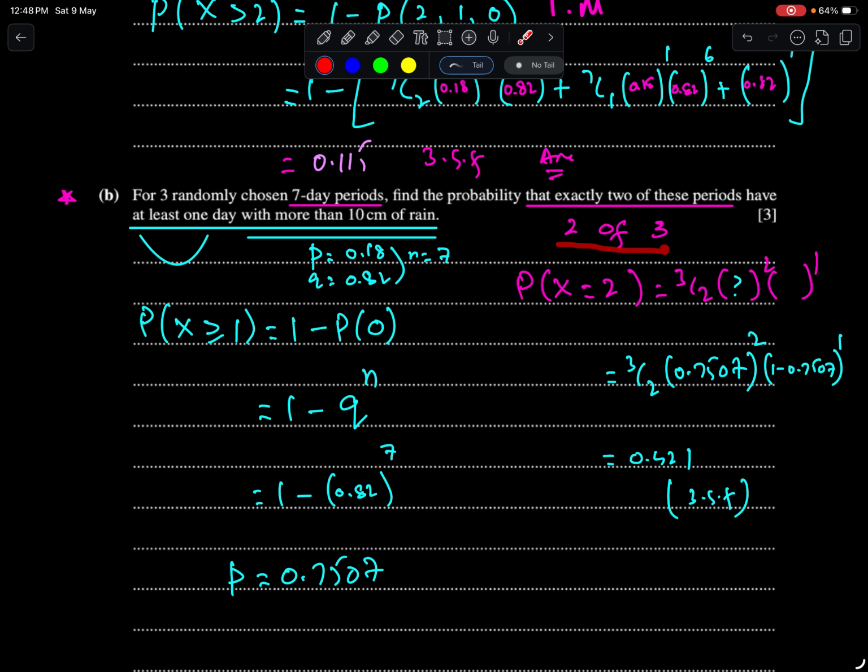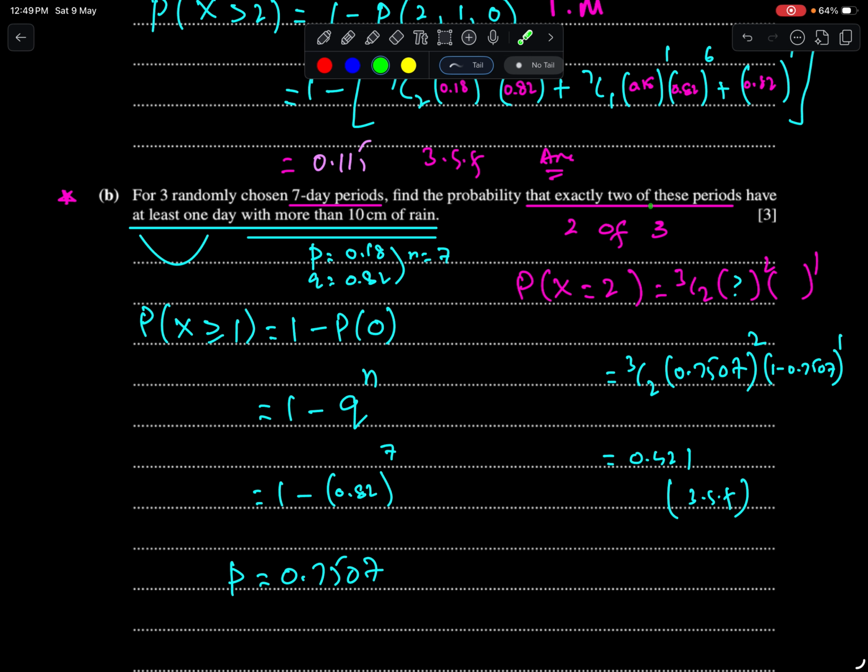So 2 of 3, that means write 2 here. 2 out of 3, so 3C2, P power 2 and Q power 1, right? For this part, we will use binomial 3C2, P power 2, Q power 1. But the problem is we don't have P. Now how to find P?